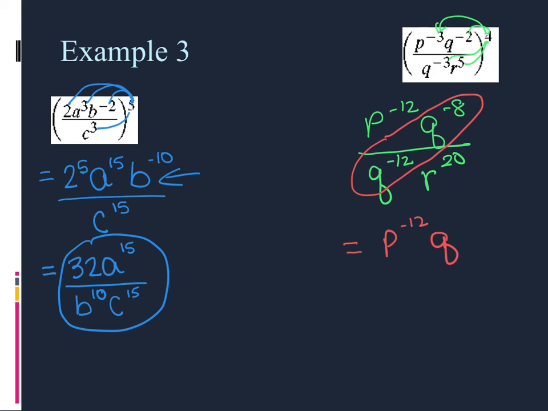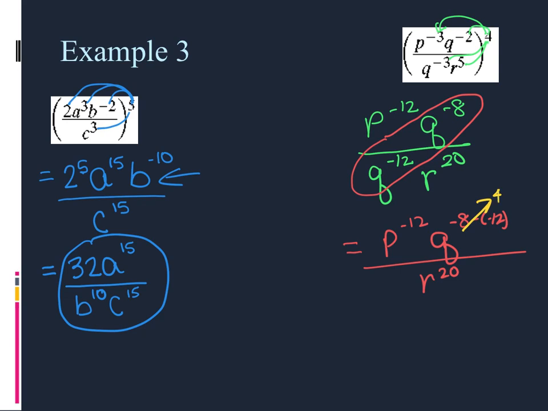I have q to the negative 8th divided by q to the negative 12. So when I divide, that's really negative 8 minus a negative 12. And I'm going to divide that by r to the 20th. Well, negative 8 minus a negative 12 really makes that negative 8 plus 12, which is going to give me a positive 4.